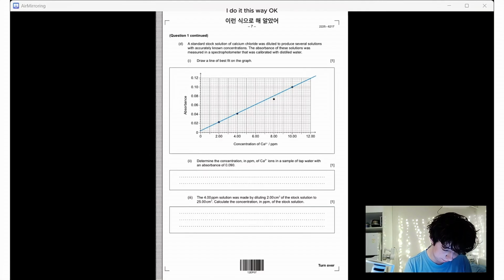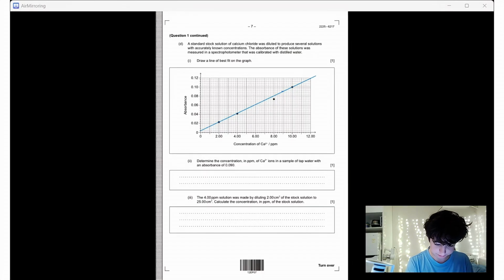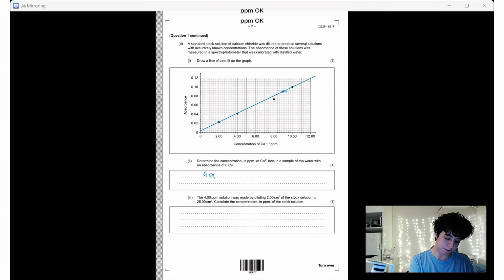Okay. So we're going to go in between. That feels right. Okay, so that would be 0.09. And we're going to mark it there. Okay, cool. Get rid of the ruler. That's our point. Bam. So that would have a concentration of literally just 9 ppm.